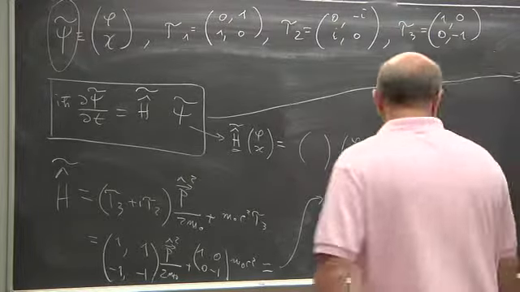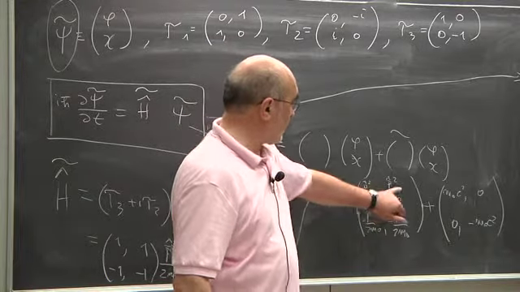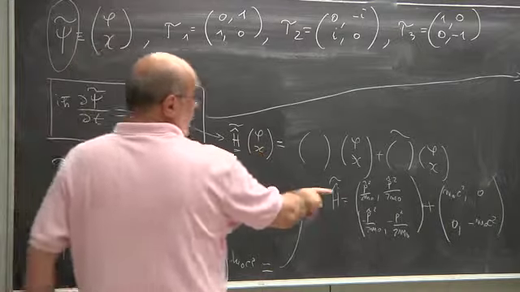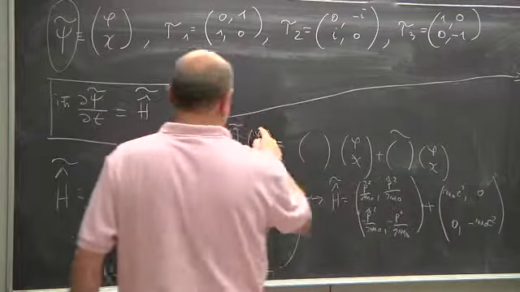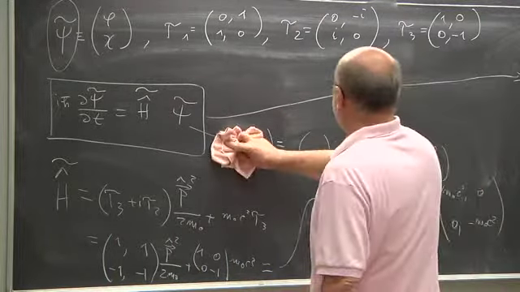So this is this Hamiltonian, and it has this form. Now these are operators, and each of them acts on phi and chi. So I apply these acting like a row on the column phi and chi.